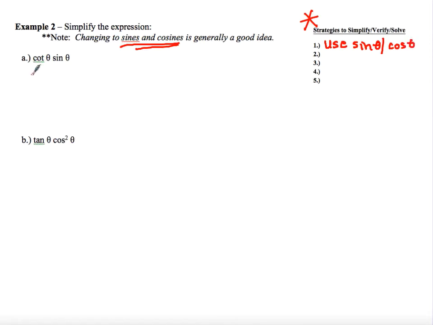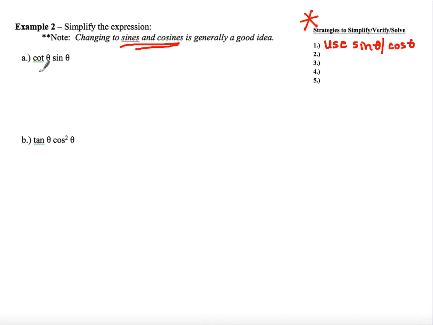Okay, and how are we going to do that? Let's check out letter A and letter B. In letter A, you've got the cotangent times the sine. Well, this already has a sine in it, but now you've got the cotangent. So what we're going to do is we're going to rewrite that cotangent using your quotient identities.